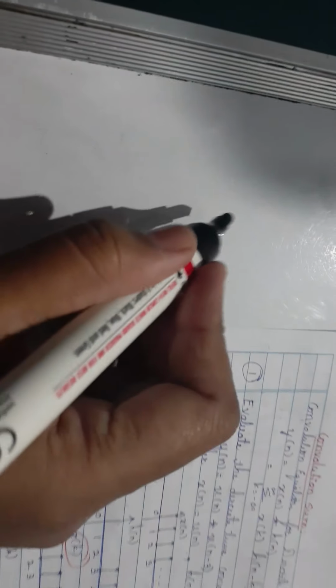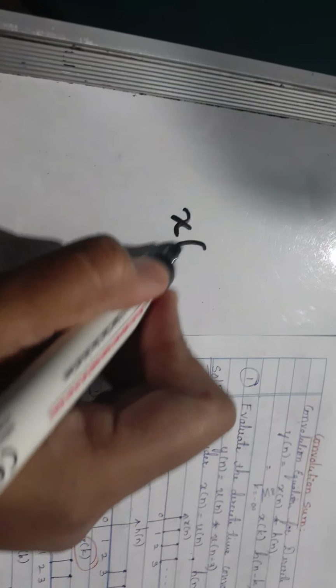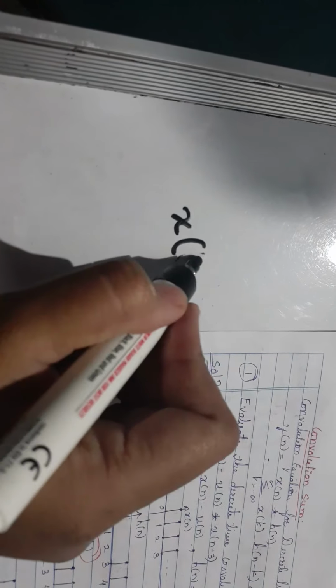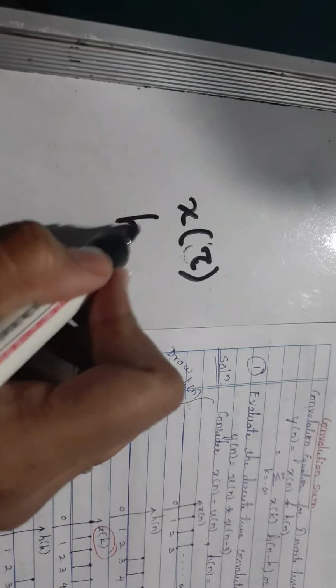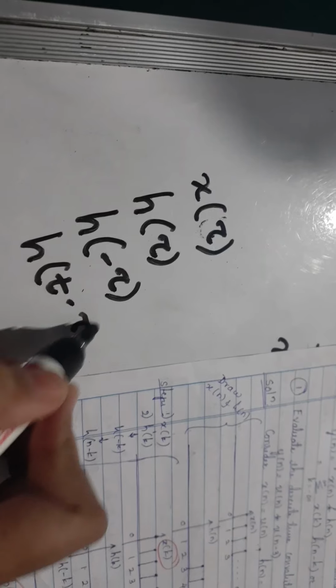After consideration and drawing, we need to follow certain procedure. We have considered two signals, we have drawn two signals. After that, we need to follow certain steps. Try to remember, in the continuous time convolution integral, first we drew x of tau, then we went for h of tau, then we calculated h of minus tau, then h of t minus tau. These were the different signals we drew following a certain procedure.